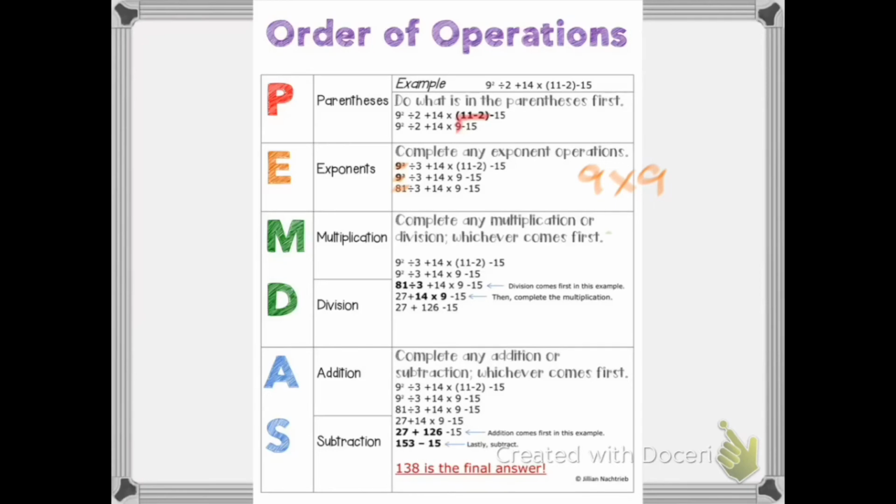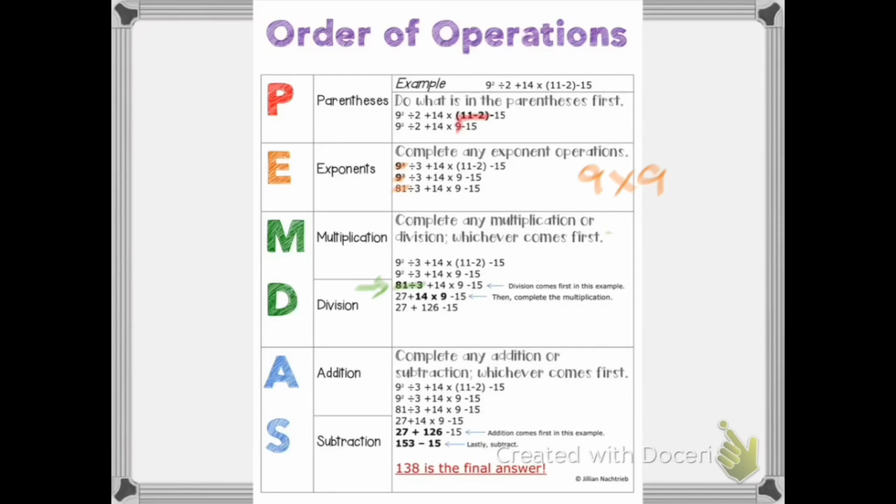And then we were looking at multiplication and division. So in this step, it picks up right here. And we need to look at the division part. So multiplication and division, whichever comes first, going from left to right. So the first one I see right here is this division.